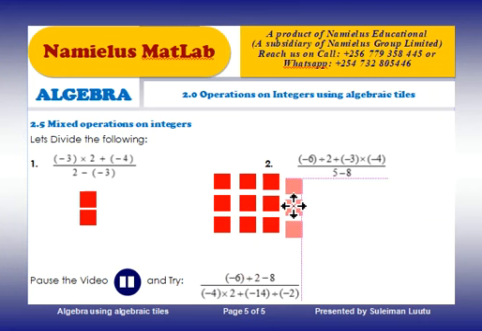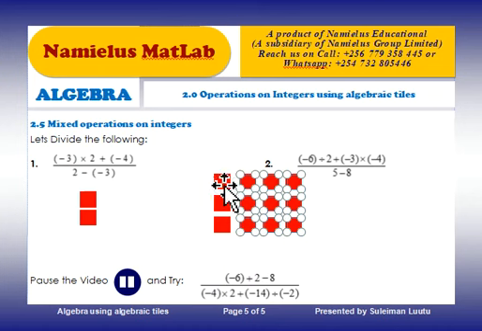So that means when we multiply, we are having negative 3, 4 times. But because 4 is also negative, it turns it to positive. So in the end, we are going to have a positive 12.